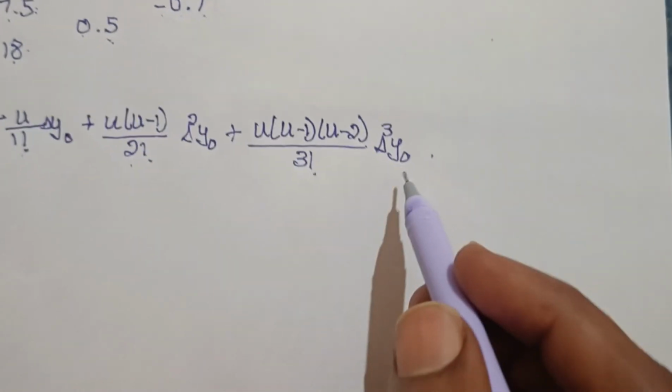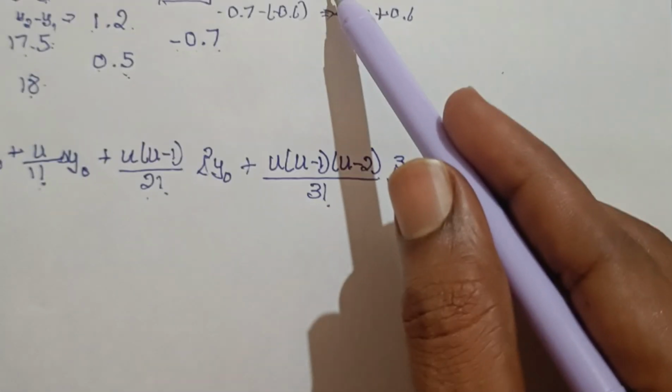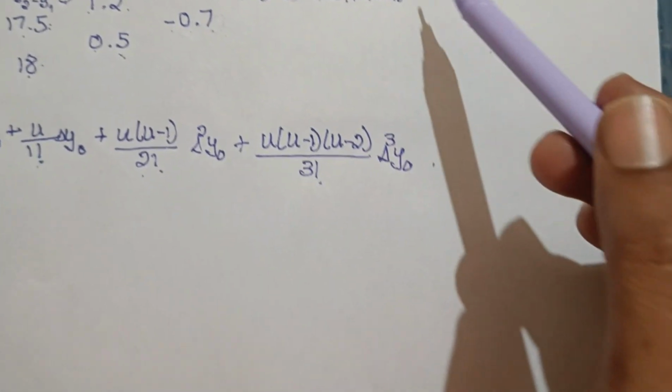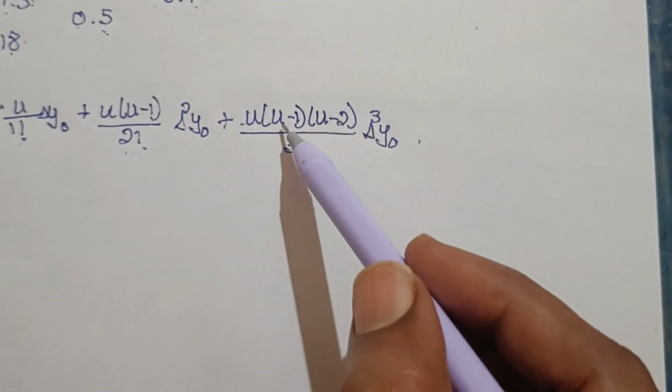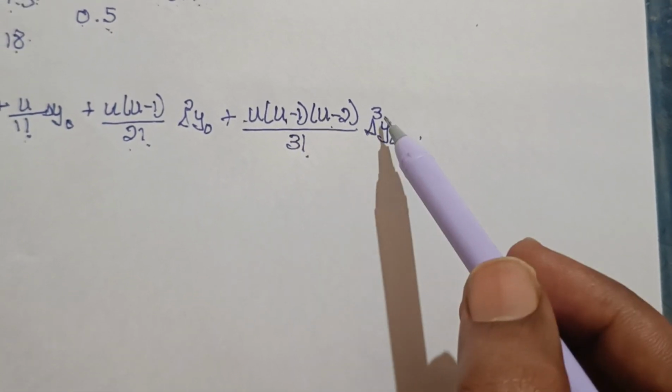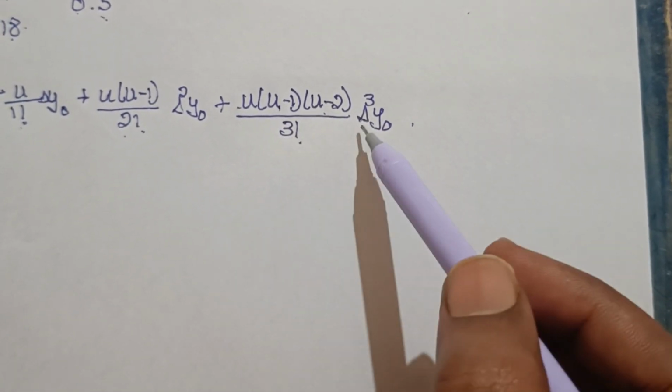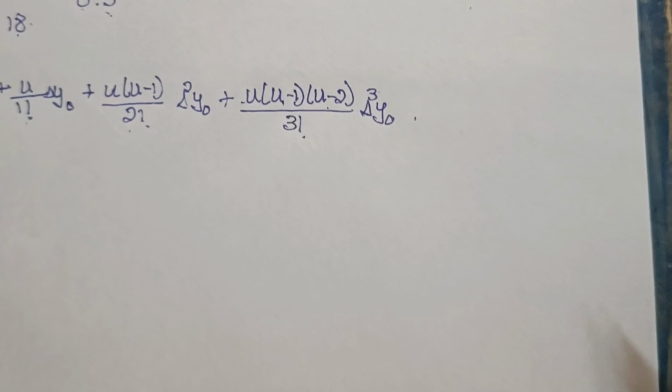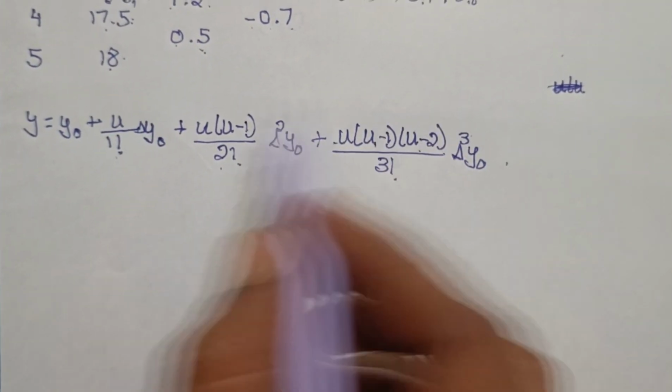We have to stop here only because the last value is delta cube y naught. In case we have delta 4 y naught, then u minus 1, u minus 2, u minus 3 divided by 4 factorial into delta to the power 4 of y naught. This is the formula.